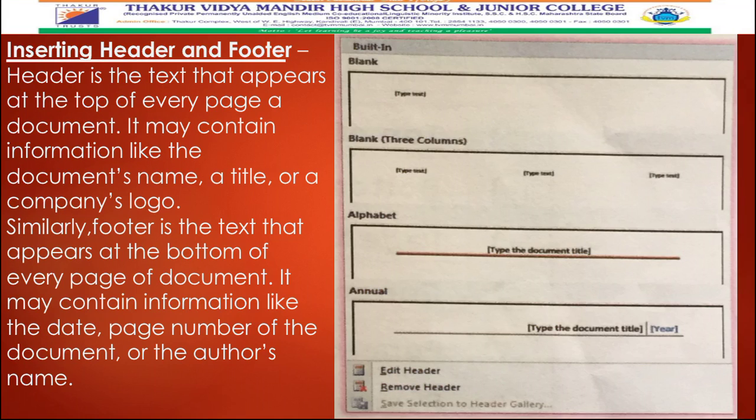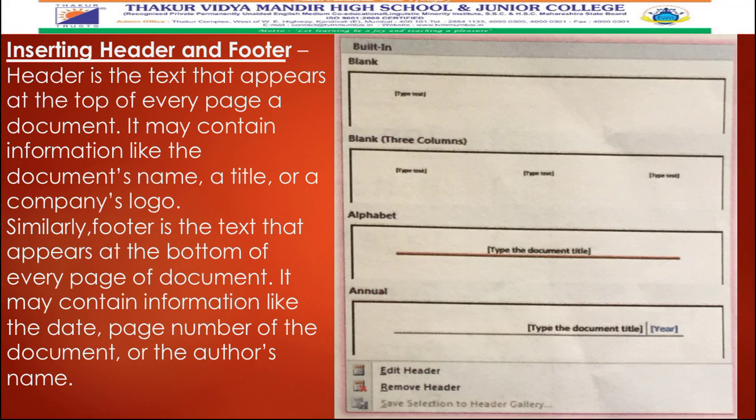Now children, how to add the header and footer? Let us see. First thing, you have to click the insert tab. Then from the header and the footer group, click on the header icon, which you can see in the picture. A list of options appears. Then select one of the default header texts from the list or click the edit header option to write custom header text.